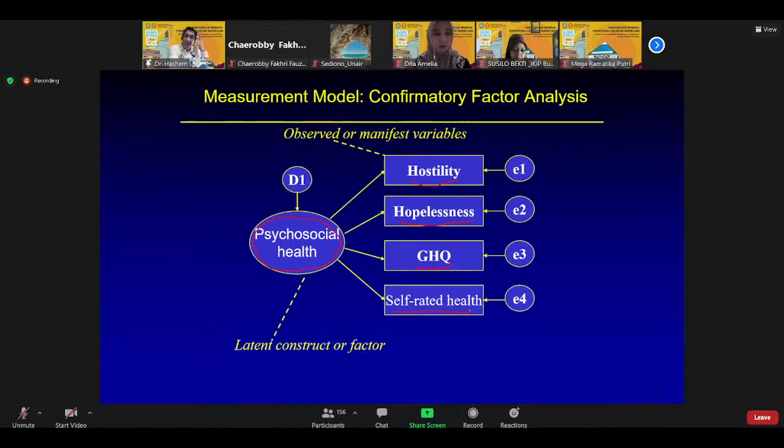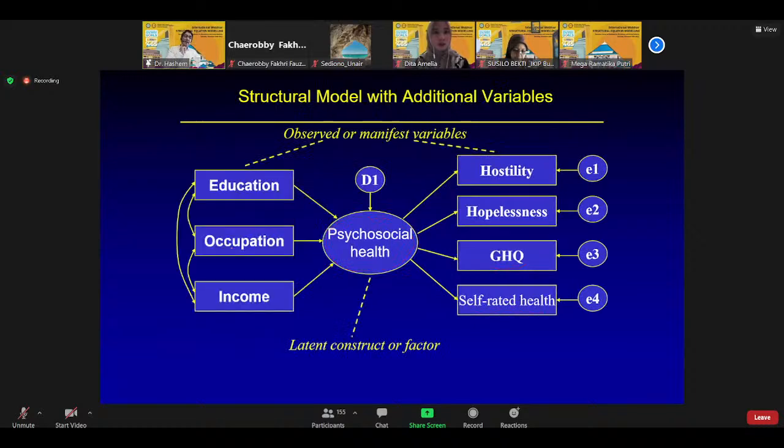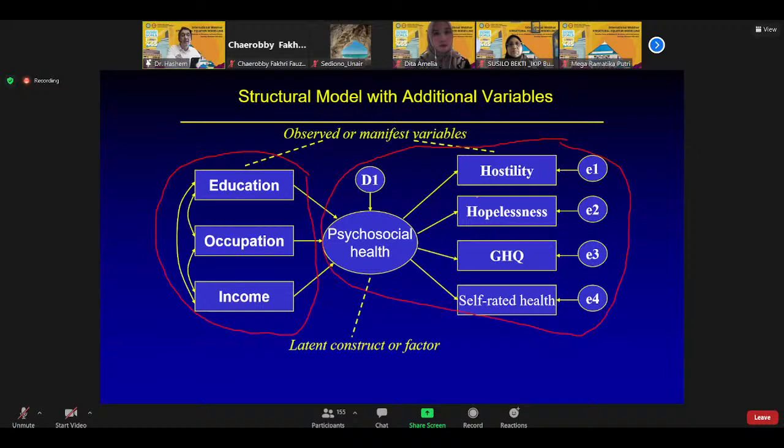Another name, sometimes the observed variable is called a manifest variable. And this is the structure of the measurement model. However, in the structural model, you have additional variables. Moreover, you have a latent variable here with its measurement variables.